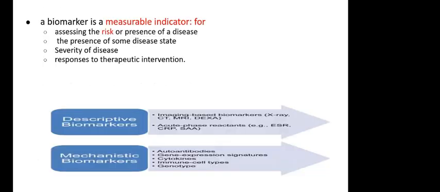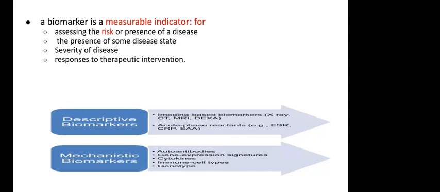So, what are biomarkers? A biomarker is something that we can measure, a measurable indicator for assessing the risk for the presence of the disease, measuring the presence of some disease state, the severity of the disease, or response to the therapeutic intervention.